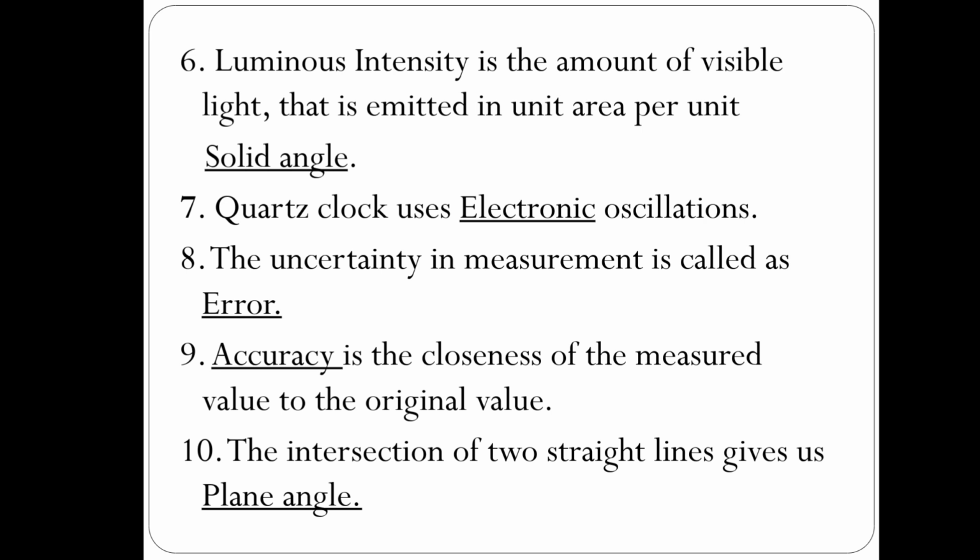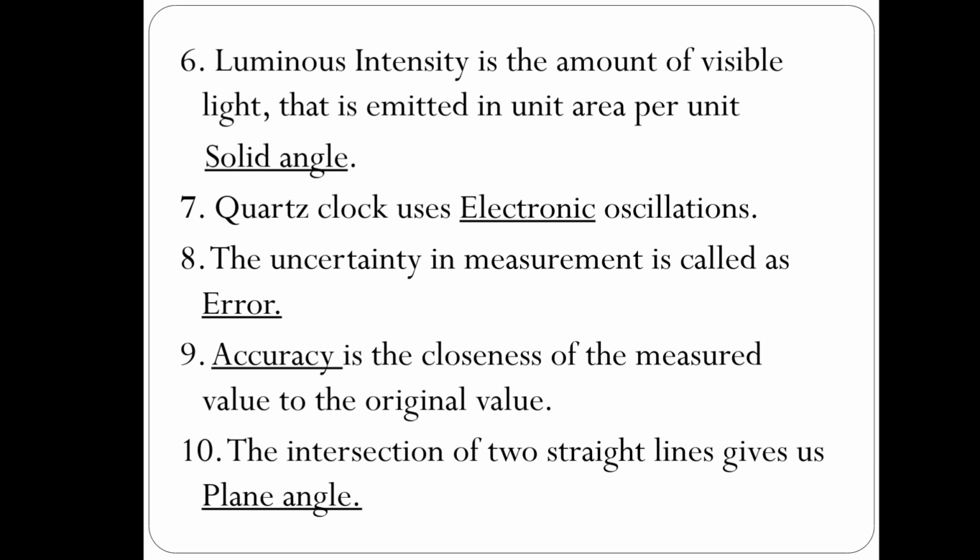Luminous intensity is the amount of visible light that is emitted in unit area per unit dash. So luminous intensity for unit area, how much light is emitted. How much area per unit is it emitting? It is emitting in terms of solid angle.